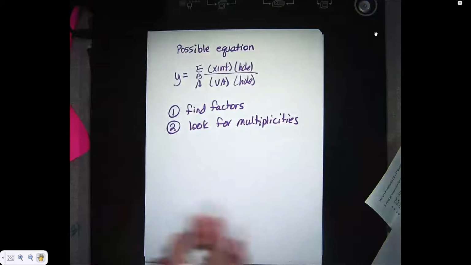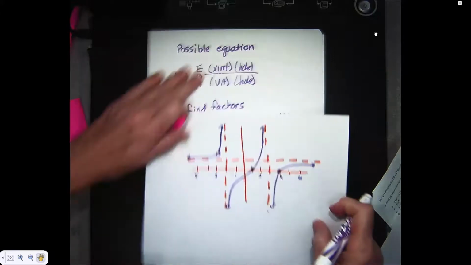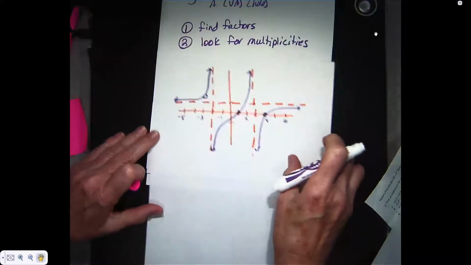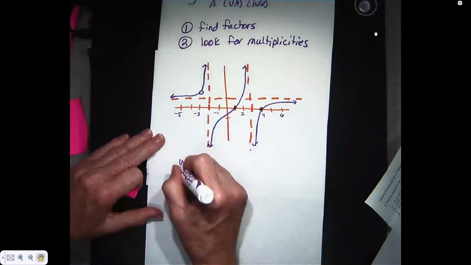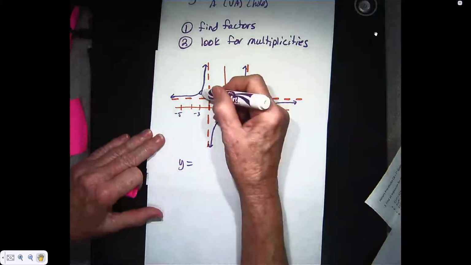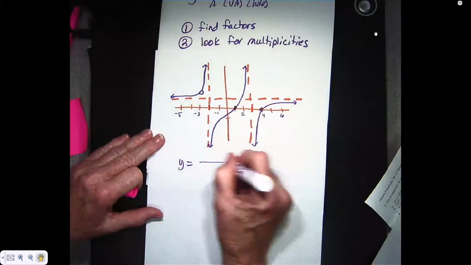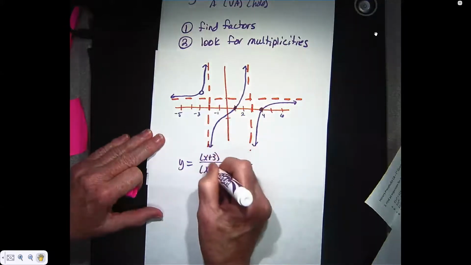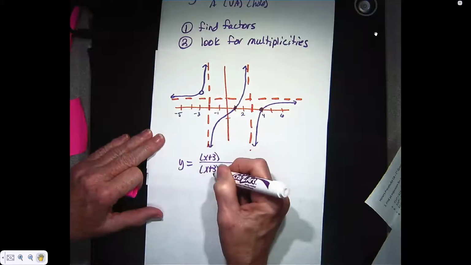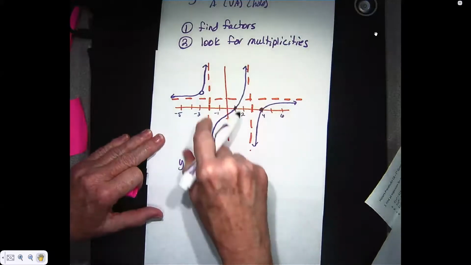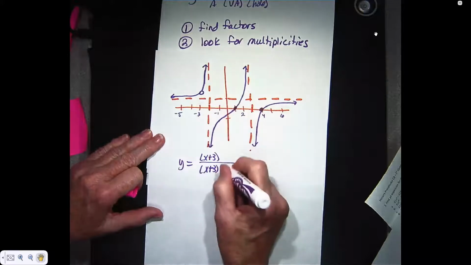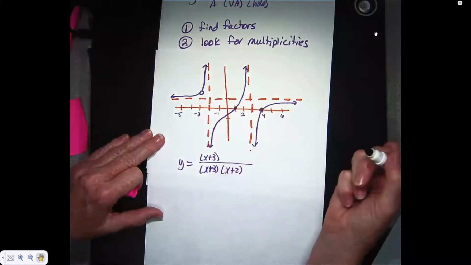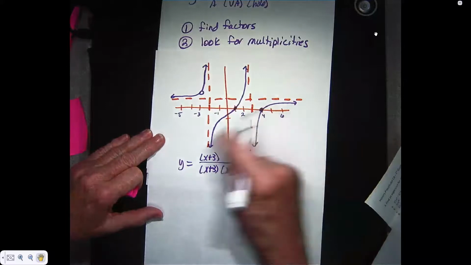All right, so if I started with an equation that looks like this. So y equals, there's a hole at -3, so I know I need to say x plus 3 on top and bottom. There's a vertical asymptote at -2, so x plus 2 is a factor that goes on the bottom.